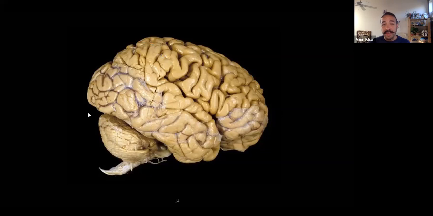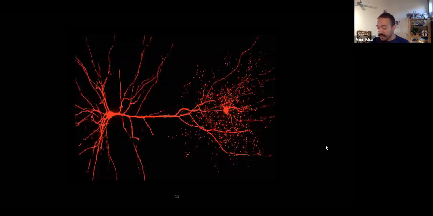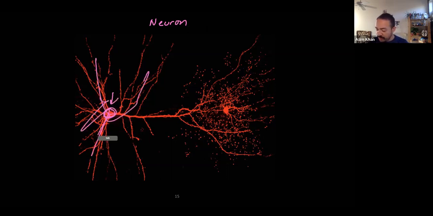Now we can do the same thing with what we see here. This, if you haven't guessed it, is a neuron. There's actually two here. But you can see here's one part of the neuron and it branches out. So let's do the same thing we did last time.